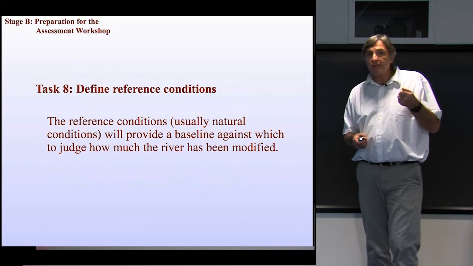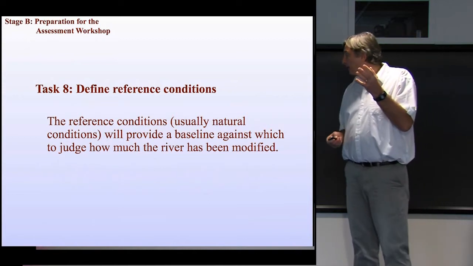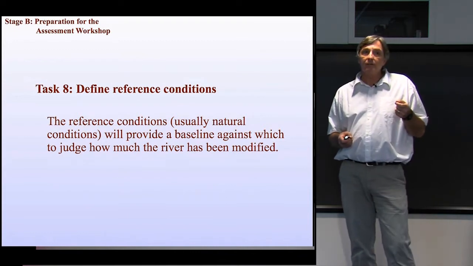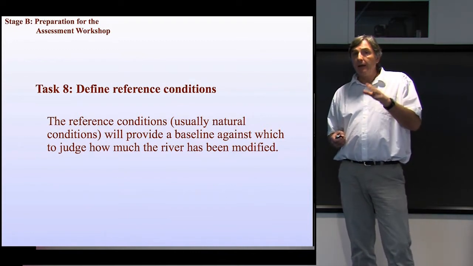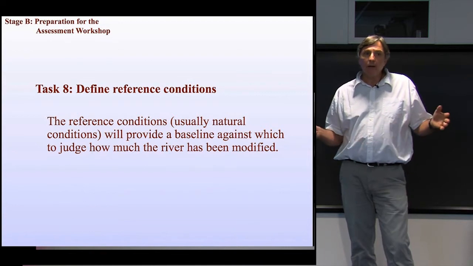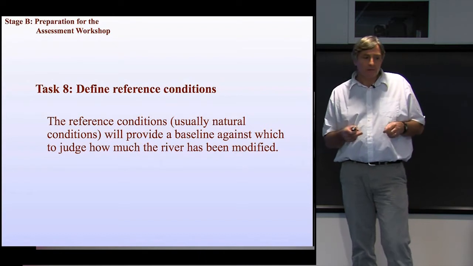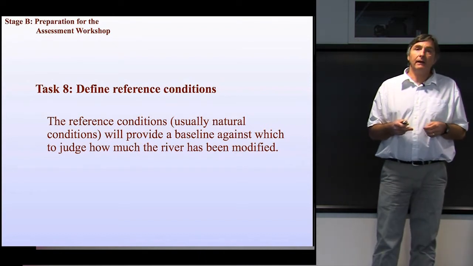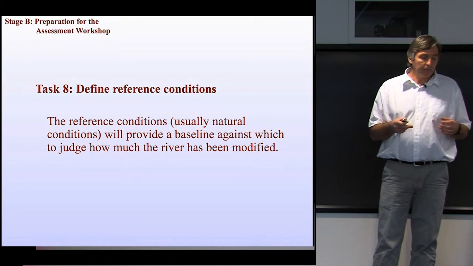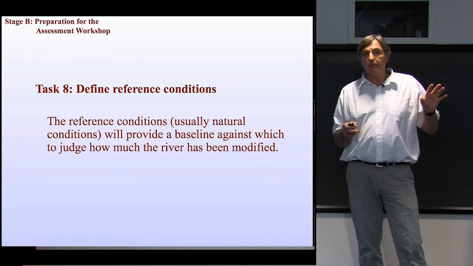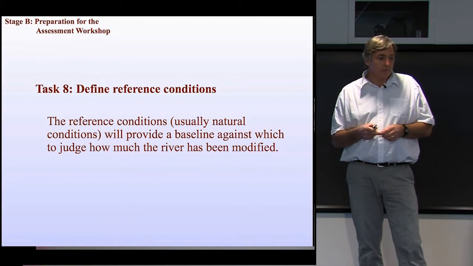Task 8, defining reference conditions, the background template, which would usually be natural conditions, but might be different in rivers which have been modified over a very long period, and so the natural condition is just simply not a realistic reference point to go back to, in which case one's got to decide at what stage to set the reference conditions in terms of the utilisation of the river.